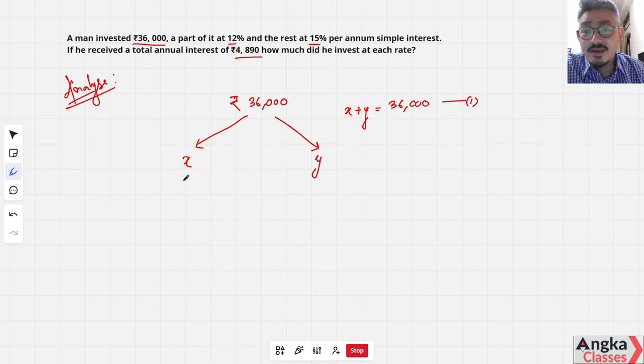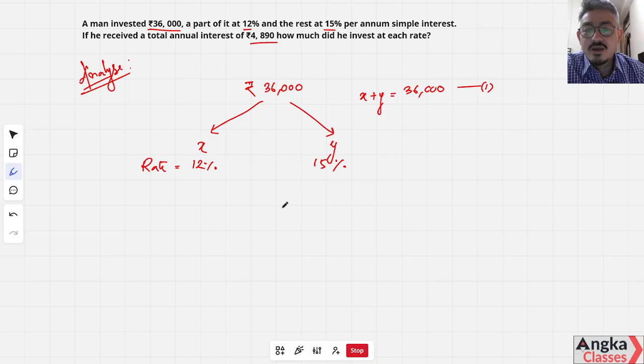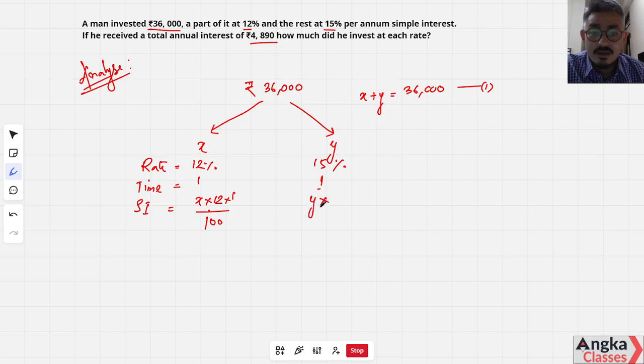Now x is invested at the 12% rate and y is invested at the 15% interest rate. The time is 1 year. Simple interest is principal into rate into time upon 100. Similarly, y into rate into time upon 100.